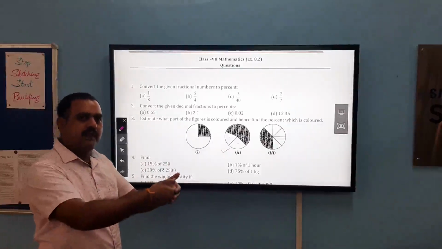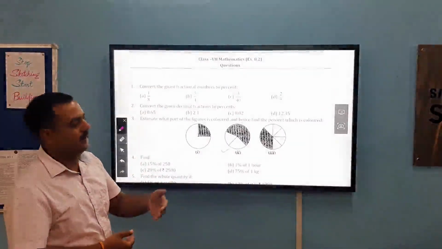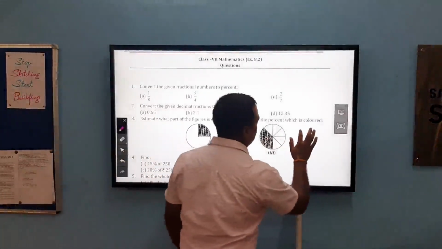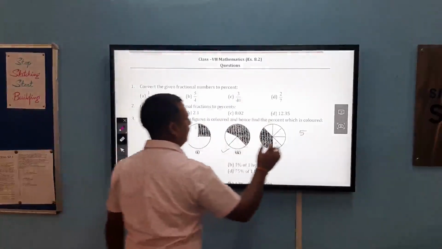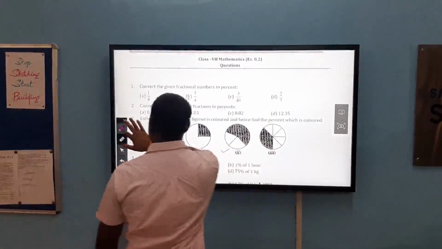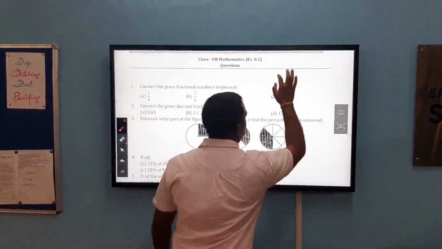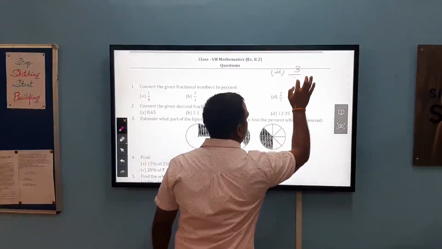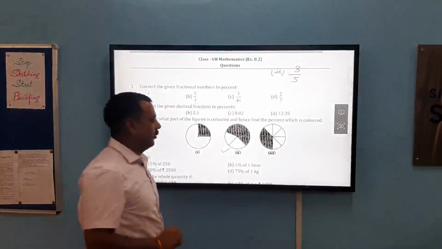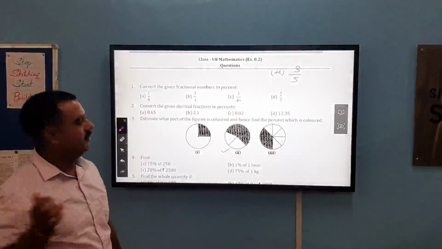Number of parts shaded upon total number of parts. So, the fraction is 3 upon 5 for second part. The colored part is 3 upon 5. It means 3 out of 5.